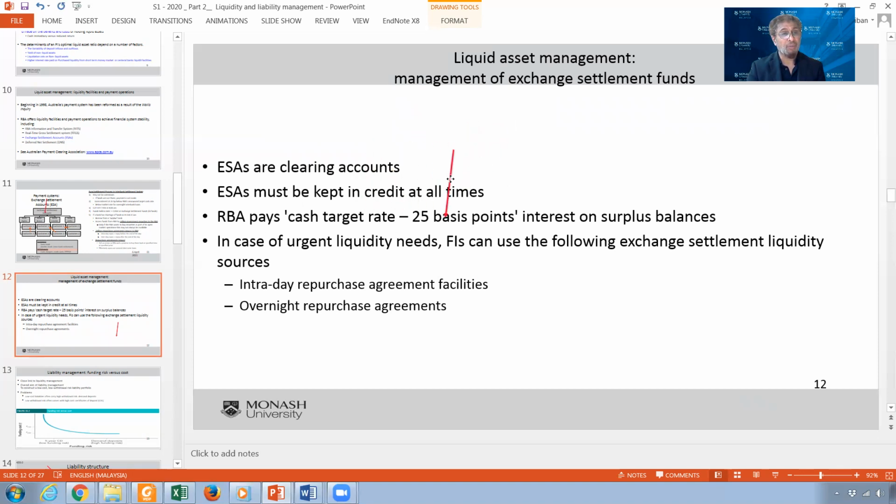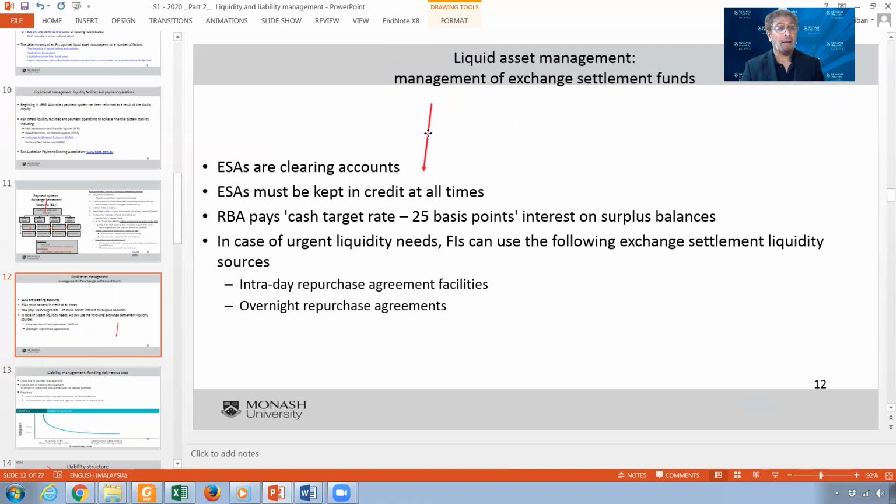They charge around 20 basis points interest on deficits, and pay on surplus balances, because every single bank has an account in the central bank, the exchange settlement account. And in the day when they do the transactions, some banks have surplus, some banks have a minor deficit, so they settle these amounts.